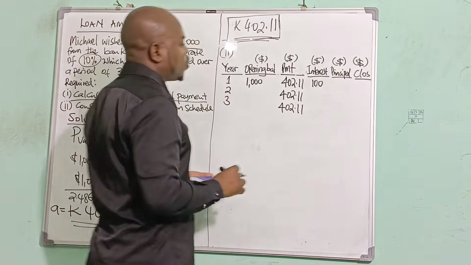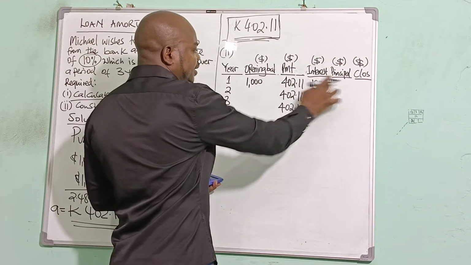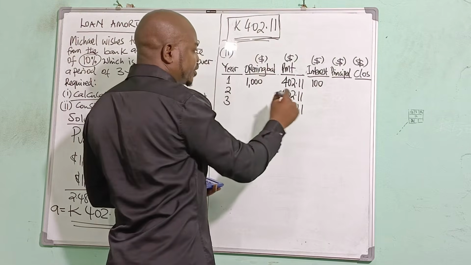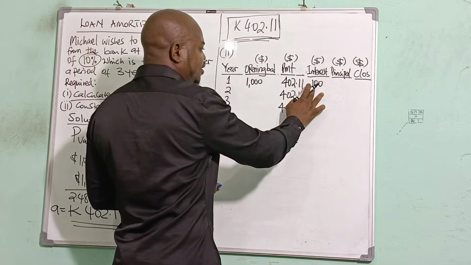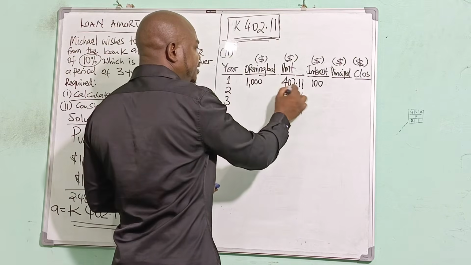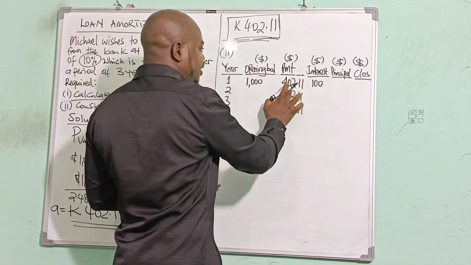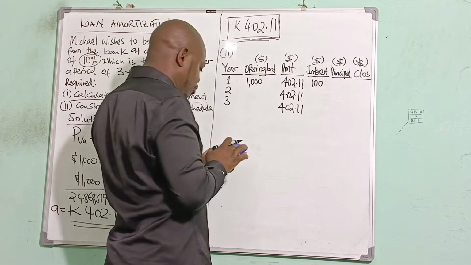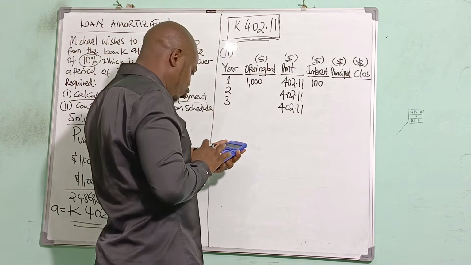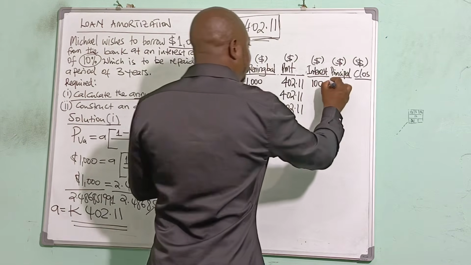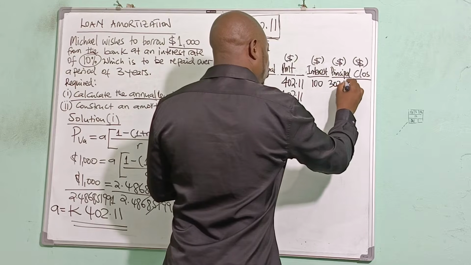If I want to know my principal payment, since the annual payment is made up of interest and principal, I can simply subtract the interest from the payment. So 402.11 minus 100 gives a principal payment of 302.11.